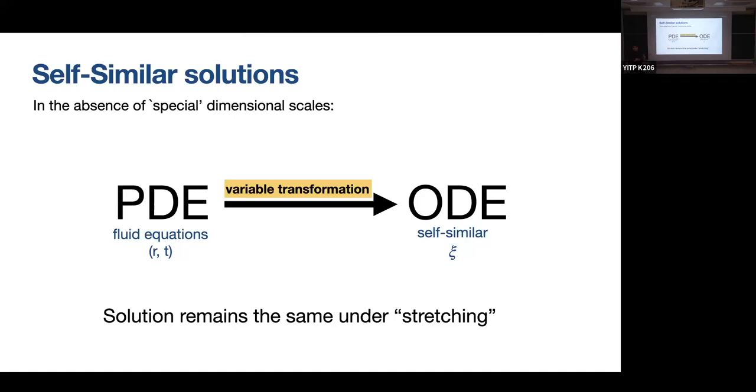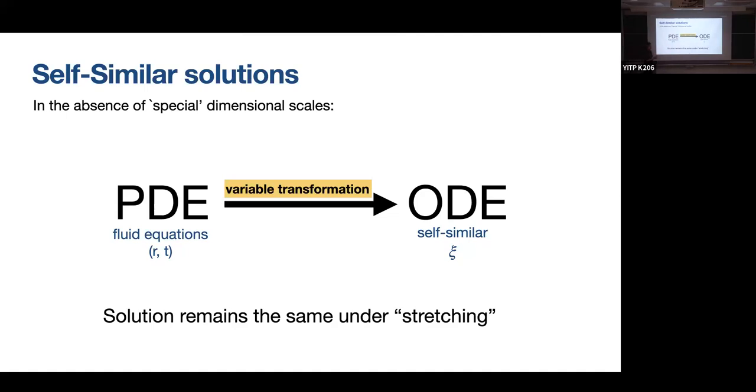Using the appropriate variable transformation, we can transform the set of PDEs into a set of ODEs that, instead of depending separately on the radius and the time, depend on a single self-similar parameter that I call Xi, it can be called anything. These ODEs, which are the self-similar equations, are much easier to solve, and they can even be solved analytically in some cases.